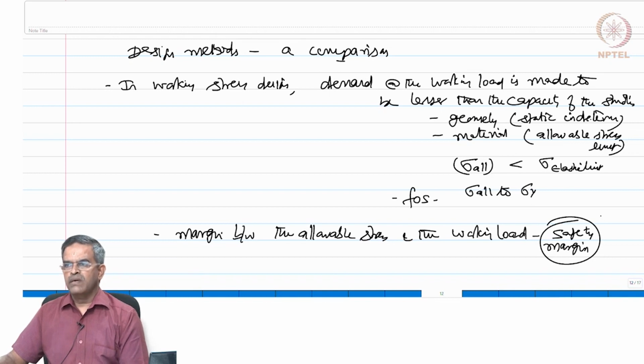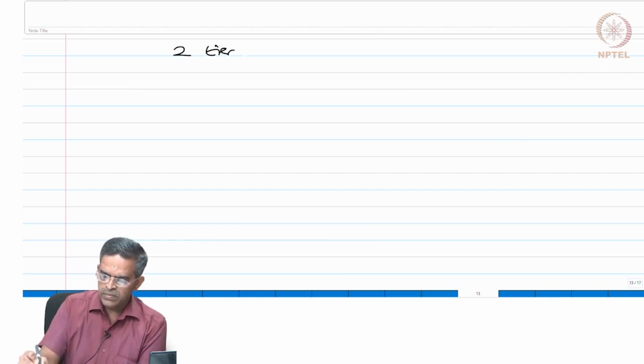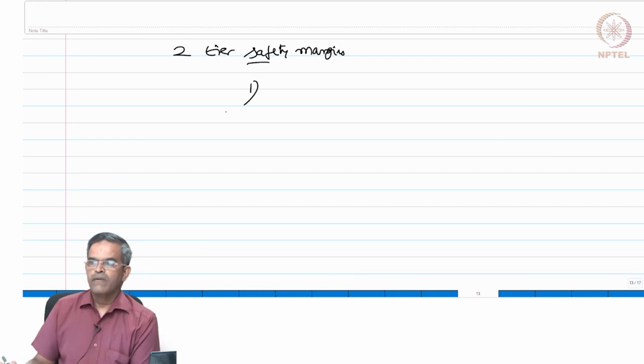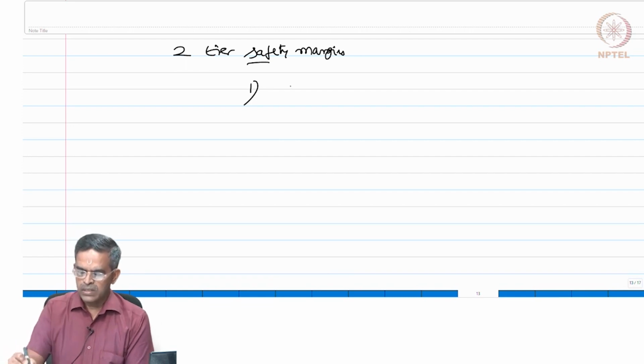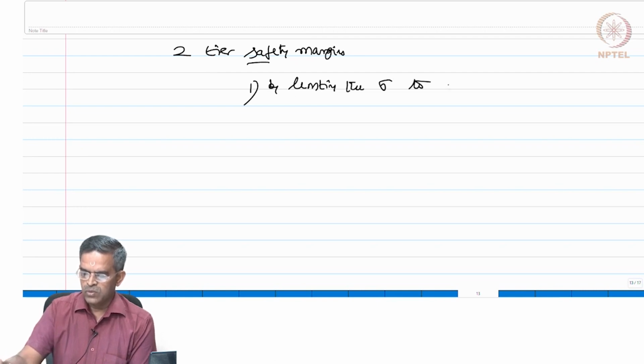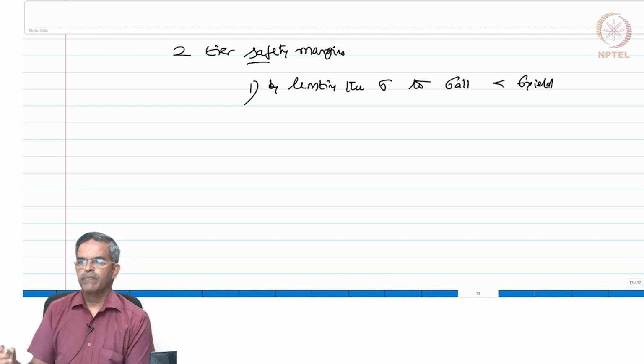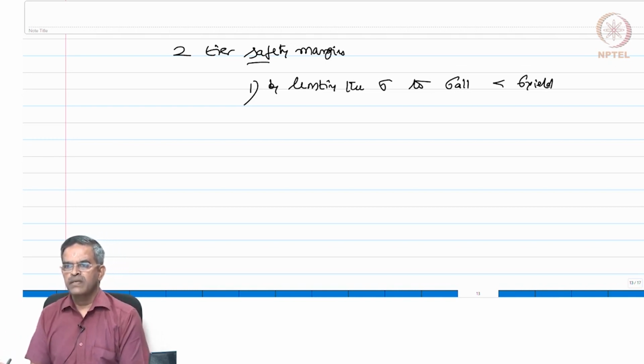Hence, in this design method, there are two tier safety margins. What are they? The first one is by limiting the stress to stress allowable, which is lesser than yield. So, there is a reserve capacity in terms of the material.